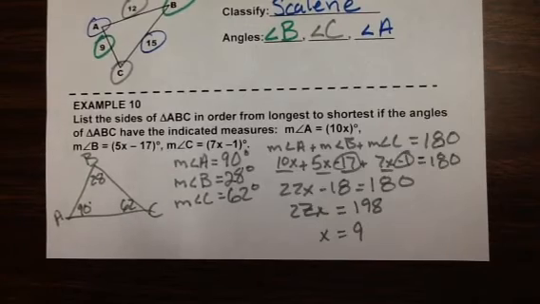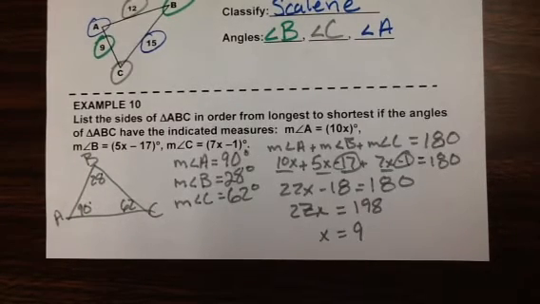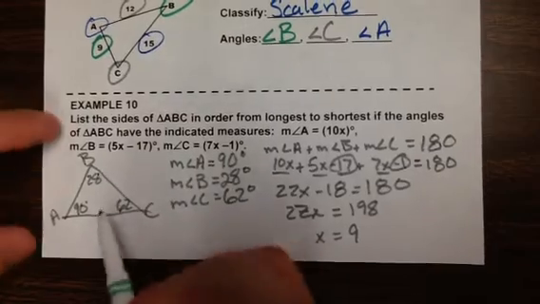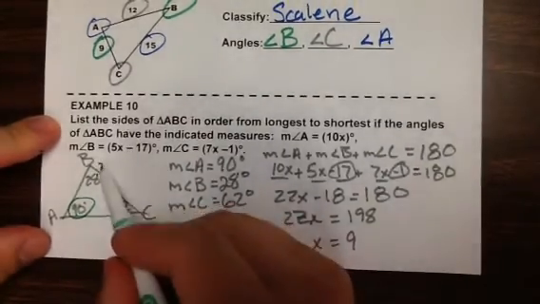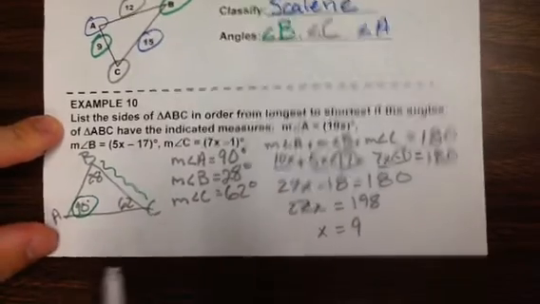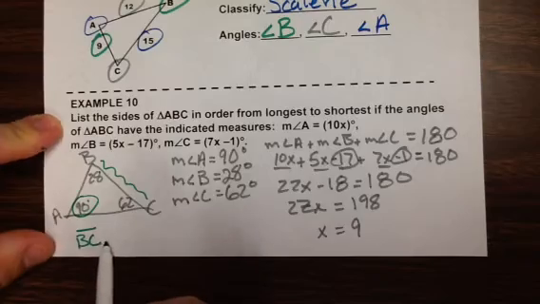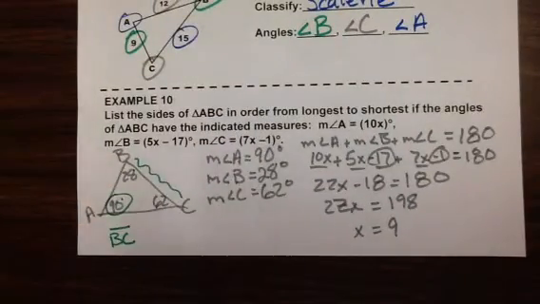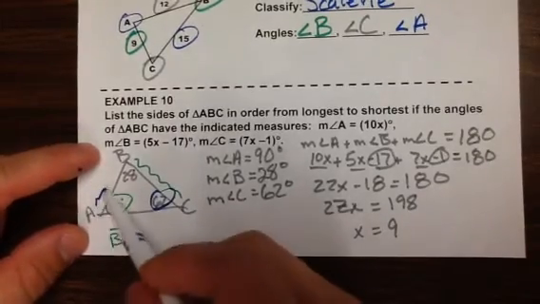Now I know it's not drawn to scale, but what they asked me to do is list the sides from longest to shortest. So, just like up above, longest side goes with the biggest angle. Biggest angle is 90, so my longest side would have to be BC. So I'd say the longest side, segment BC. Second longest side would be the second largest angle, which is 62.